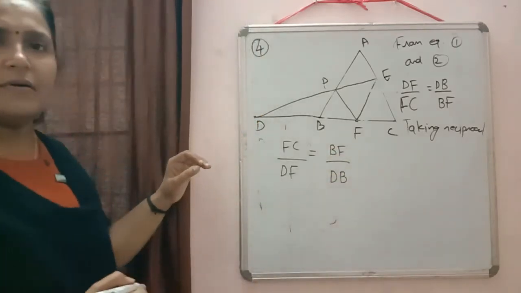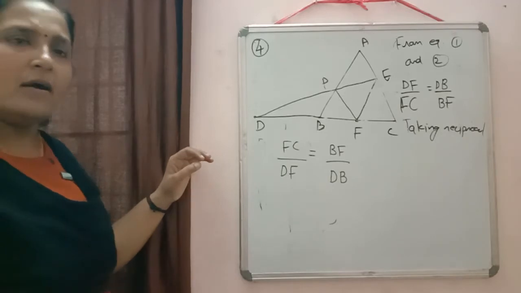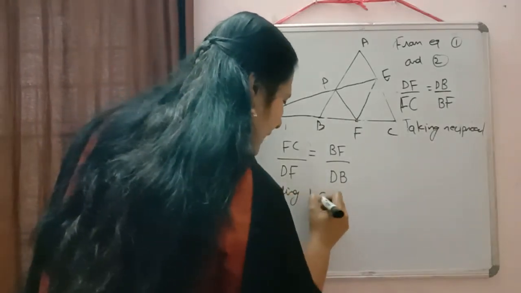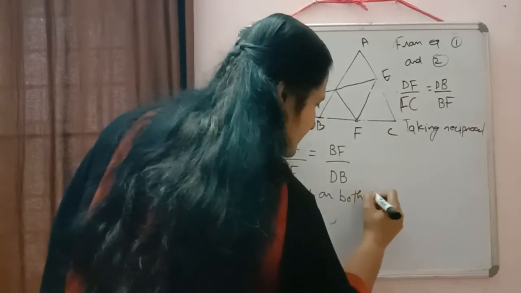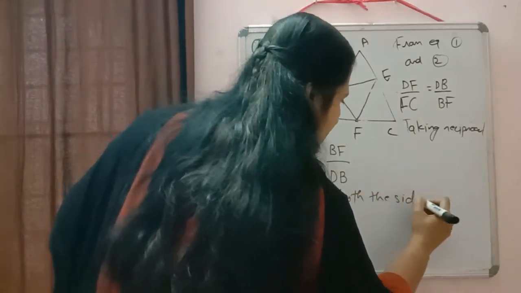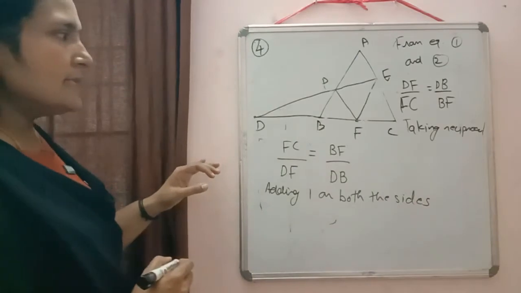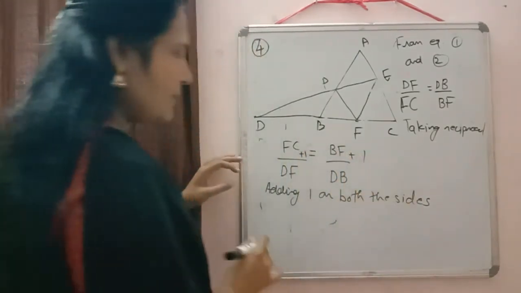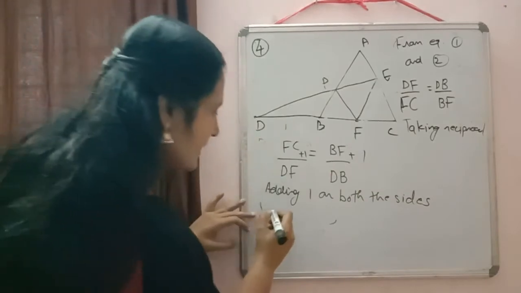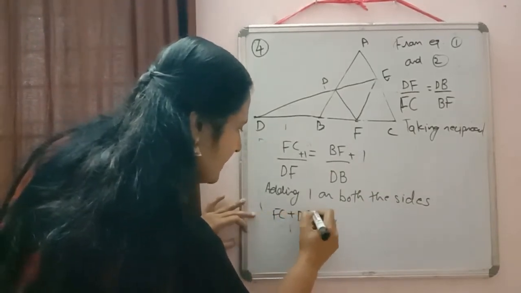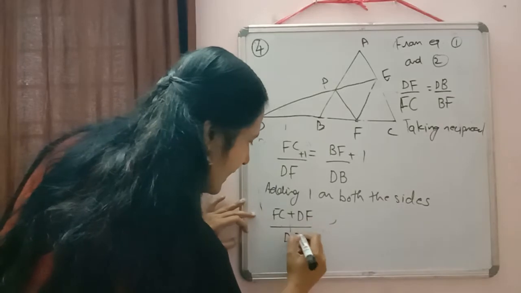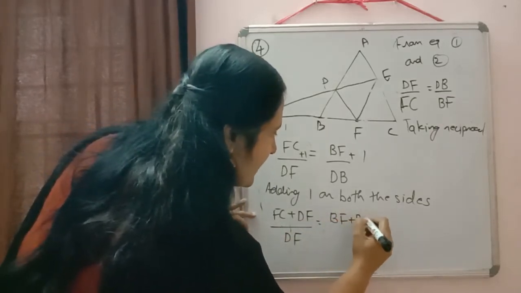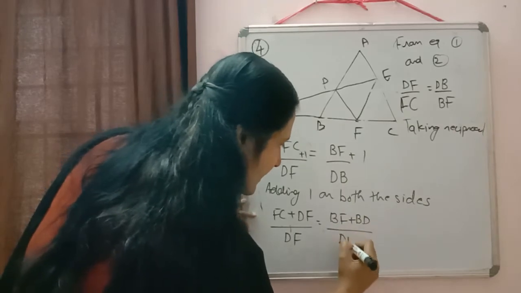Now what will we do? Yes, adding 1 on both the sides. Write down there, adding 1 on both the sides. Now here I am adding 1 directly. So it will be FC plus DF by DF is equal to BF plus DB by DB.